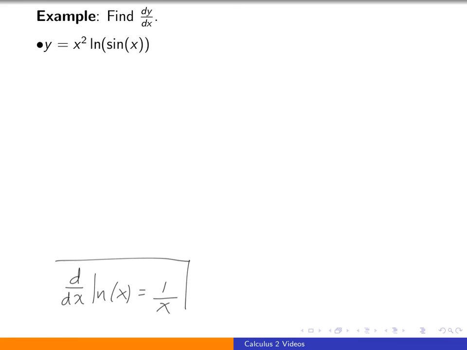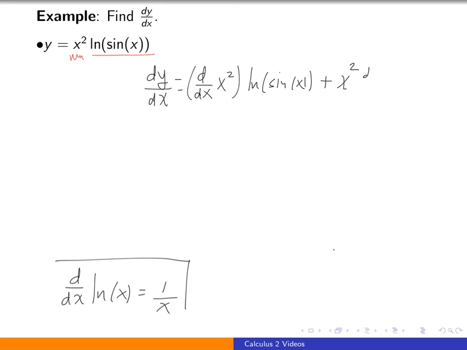So for the last derivative, to differentiate x squared times natural log sine x. The first thing we might notice is that we have a function, x squared, times a second function, natural log sine. So we'll need to use the product rule. So we'll simply write out what the product rule tells us. We take the derivative of the first times the second plus the first times the derivative of the second.